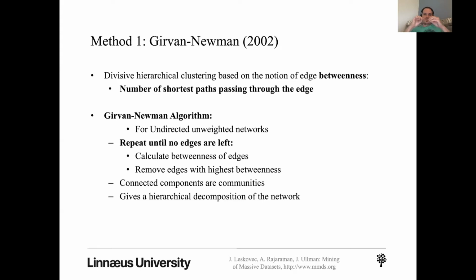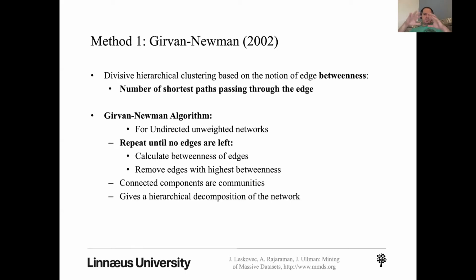And slowly we built up the dendrogram until we had just one cluster at the root of the dendrogram. In this case, we're doing the opposite. We're starting from the graph as a fully connected, let's say, community, and then we're slowly cutting the edges that have high betweenness so that we isolate these communities as we go.